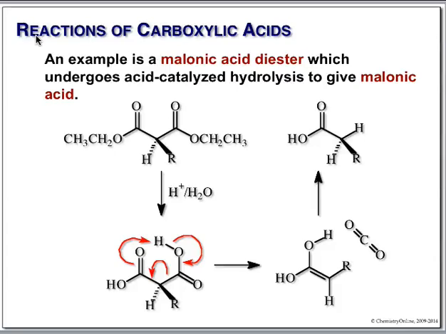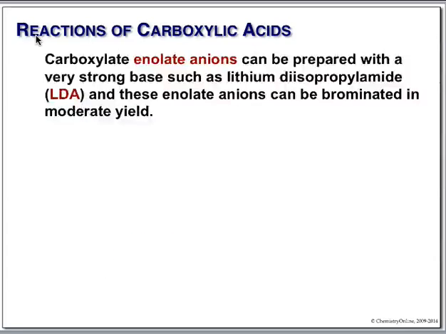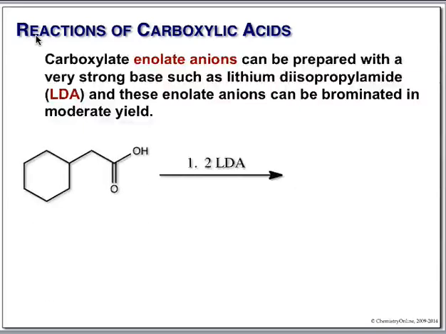Now, speaking of enolates, you can actually make the enolate anion of a carboxylic acid using a very, very strong base. So if we take a carboxylic acid like this, and we use lithium diisopropyl amide. Now, this is a nitrogen anion, isn't it?